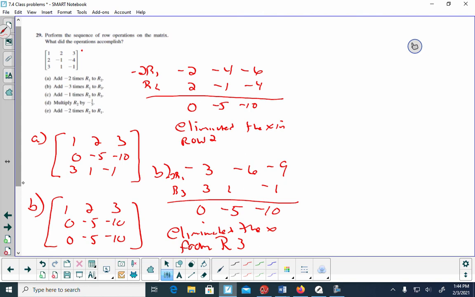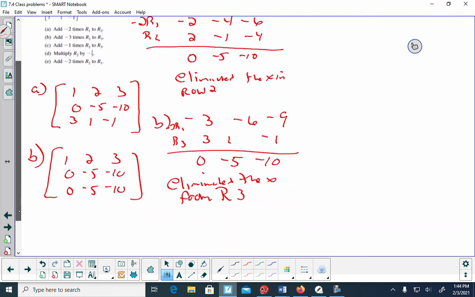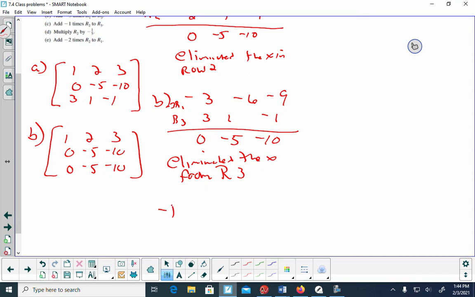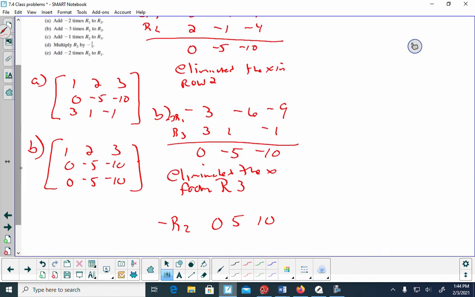Part C, multiplying -1 times row 2. So -1 times row 2 will be 0, 5, and 10. And when they say row 2, they want you to go to the new row 2 and add row 3, which is 0, -5, -10. And I get zeros. What did that accomplish?